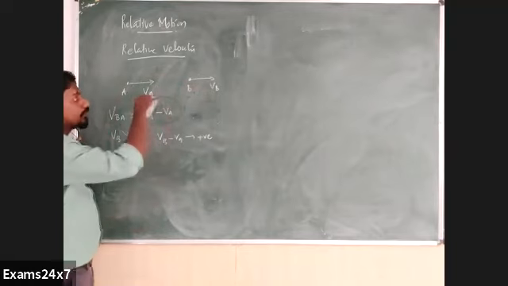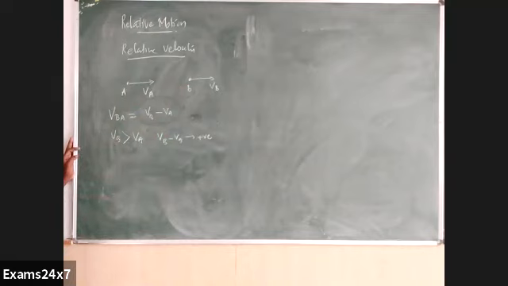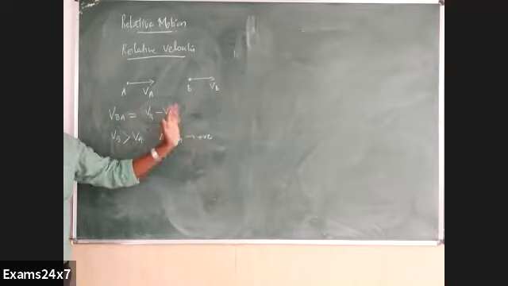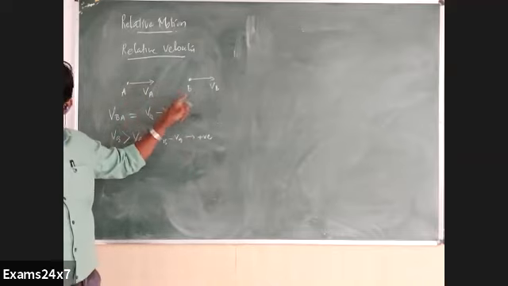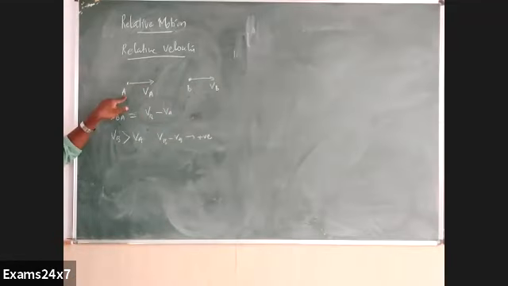Suppose the velocity of A is greater than the velocity of B. What will be VB minus VA? Negative. That means when VB minus VA is positive, the object B is moving away from the reference point.